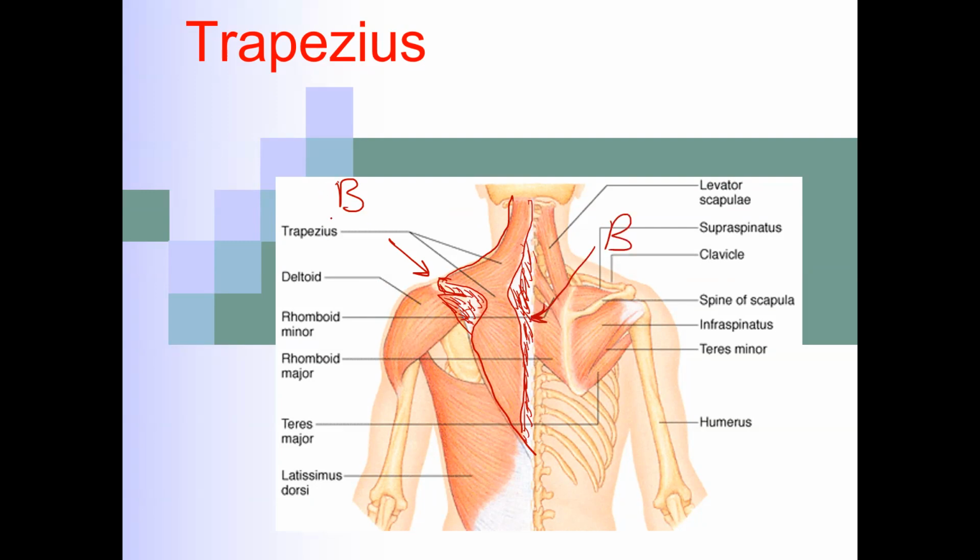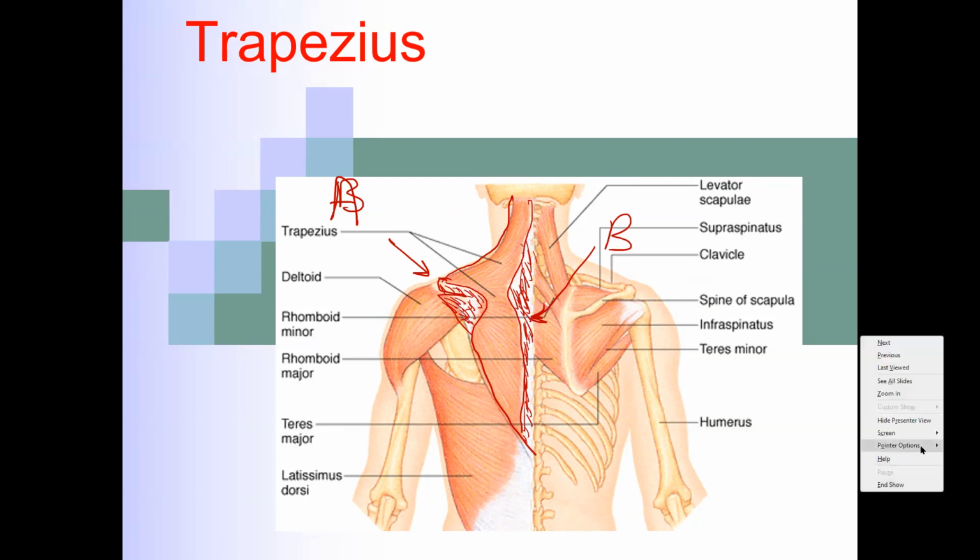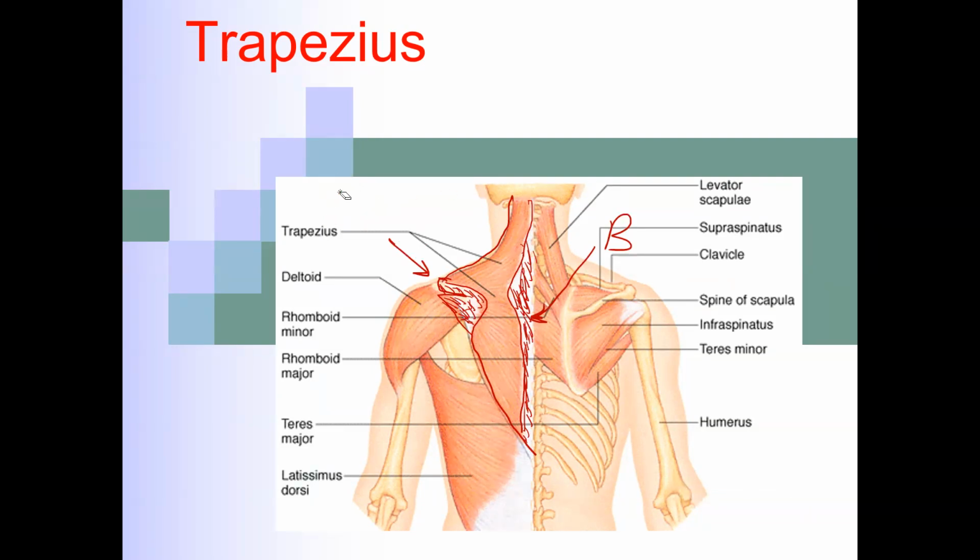So think about it for a moment and then I'll show. So which one of these positions are you going to get movement in? Is it the A joint or the B joint, right? Keep that in mind for when we show the movement, right? Are you going to move here or are you going to move here?